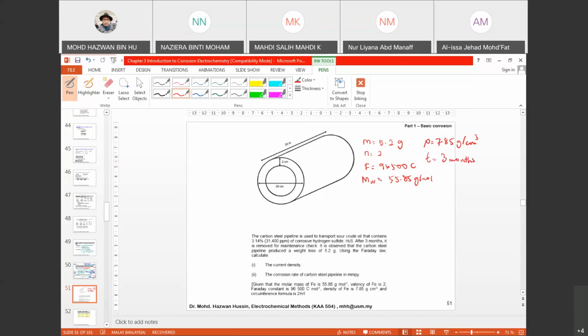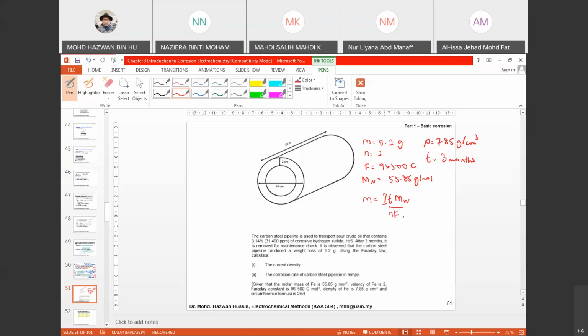So what formula are we going to use? Of course, when it talks about current density, you know that you have to find current first. So mass loss is equal to current multiplied with time multiplied with molecular weight over what? NF. Very good, Madi.